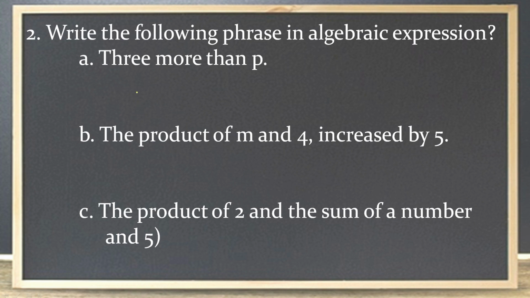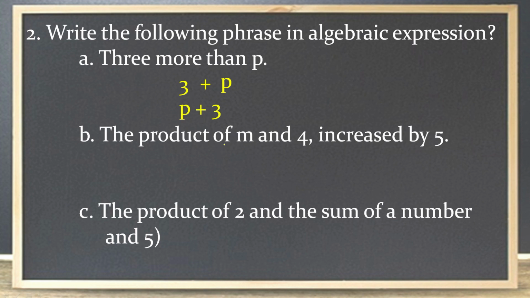So you carefully read the problem and know what implications it has in terms of mathematics. So let's see this. It's 3 more than P. Here we could say 3 more than is addition, so it's plus. In other words, it actually becomes P plus 3. So this is 3 more than P.